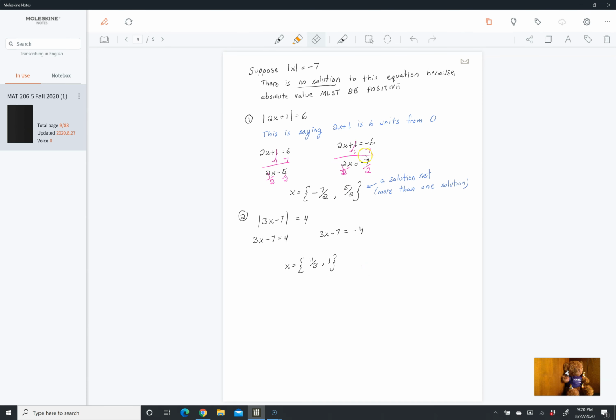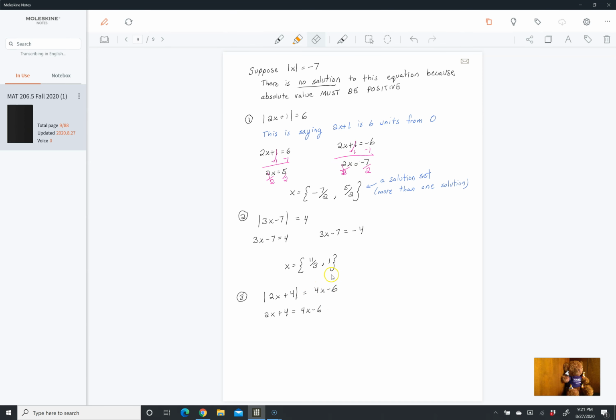Okay, let's take another kind. Let's say that we have the absolute value of 2x plus 4 is equal to 4x minus 6. Okay, well this is saying 2x plus 4 is 4x minus 6 units from 0. Well, either 2x plus 4 is equal to positive 4x minus 6, or it's the same thing, it's equal to the negative, okay?